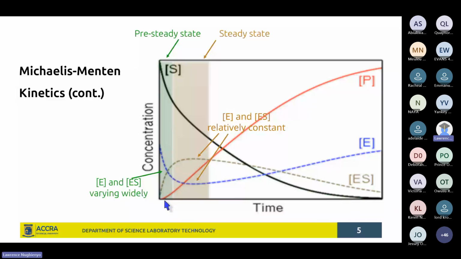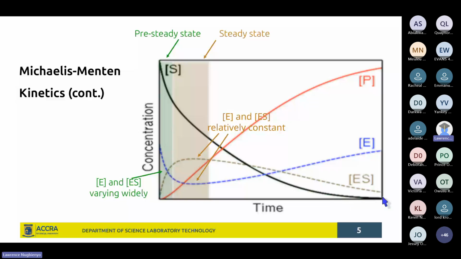And you notice there's that steady rise of the concentration of the product over time, all the way until it gets to the end of the reaction where you have product concentration being high. And if you compare that to the substrate, when the substrate begins to get converted, the concentration gets lower and lower until all the substrate is consumed in the reaction mixture, and so the concentration of the substrate becomes zero.